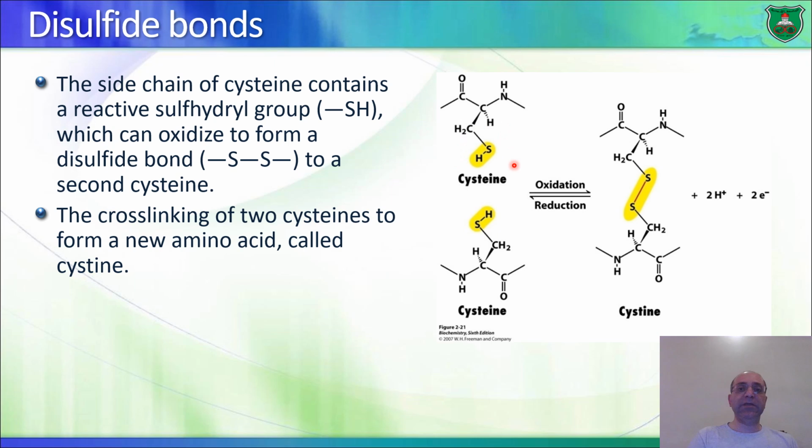So the disulfide bond is formed between two cysteine residues, forming a group known as cystine. That is basically a result of oxidation. Now, when proteins are reduced, you break the disulfide bonds.